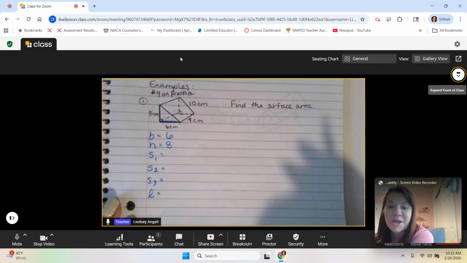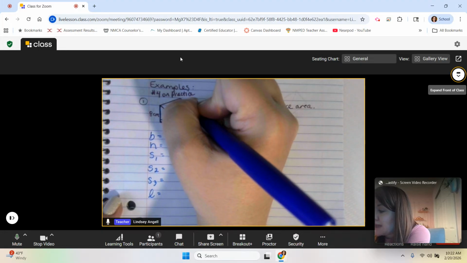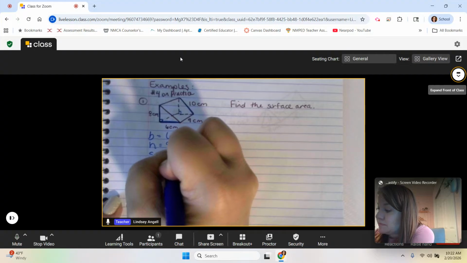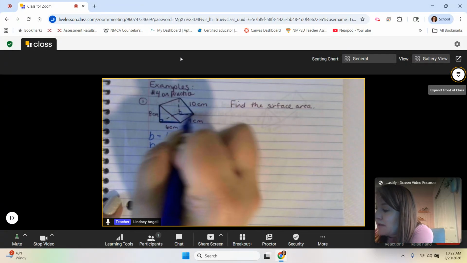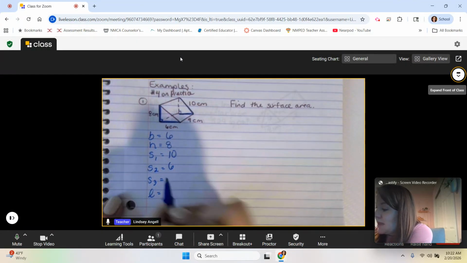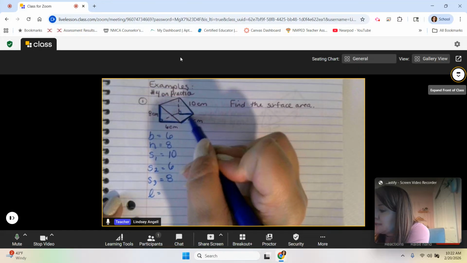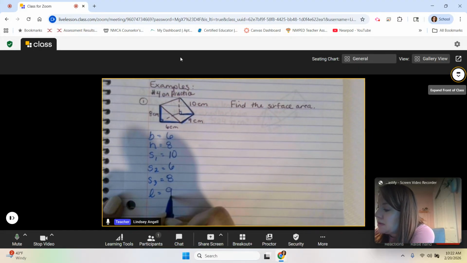Now S1, S2, S3, remember, that's the perimeter of the triangular base. So we could say that's 10, and then we have 6, and we have 8. And then the length, that's the distance from one base to the other, so that would be 9.